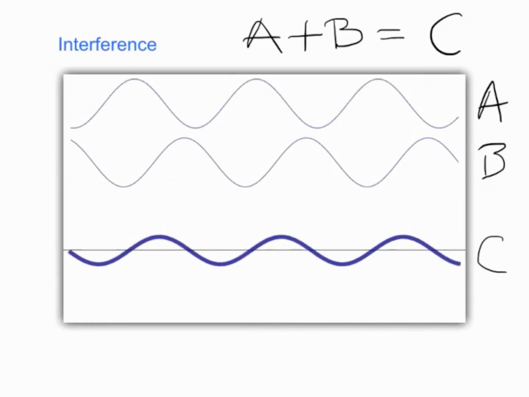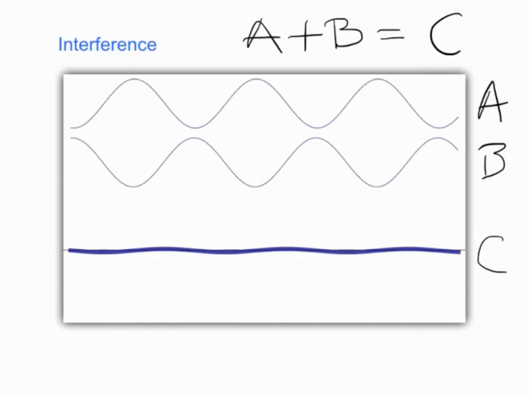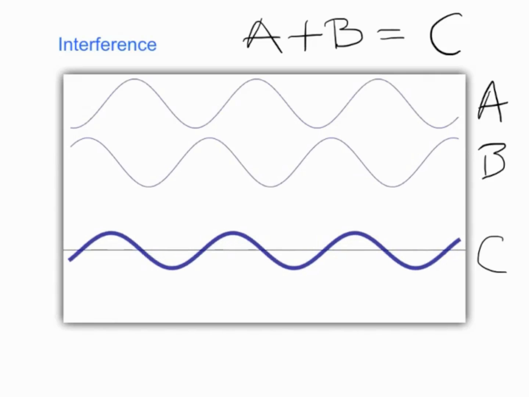Okay, so at this point we have total cancellation because a trough of A is running into a crest of B. And so the two waves A and B are kind of canceling each other out so that C is a flat line. All right, and this also happens if crest meets trough or trough meets crest, whether you're talking about the top or bottom.